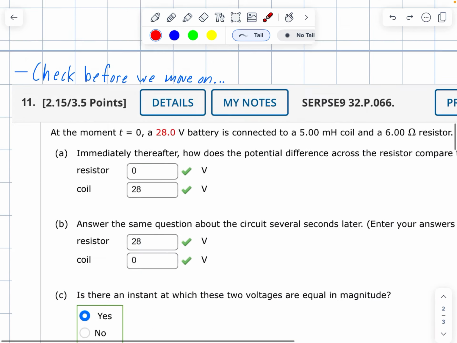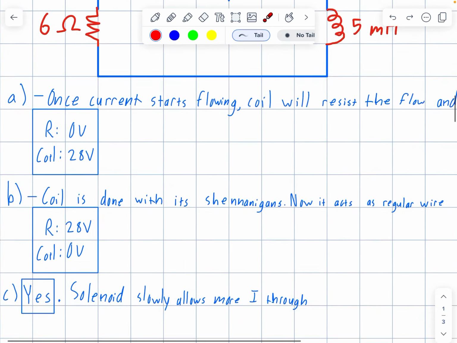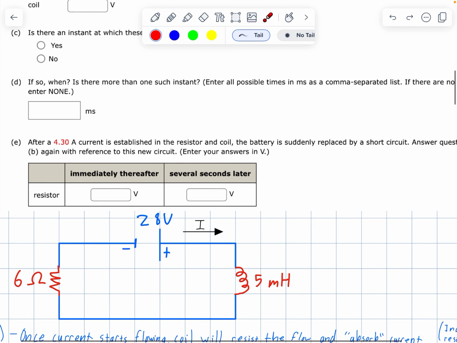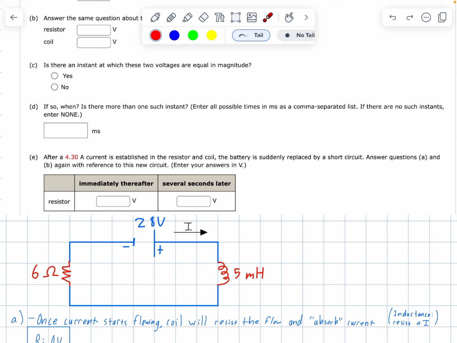So that's all good there. And then part E asks, after a 4.3 amp current is established in the resistor and coil, and so in the circuit, because you know, everything's in series, the battery is suddenly replaced by a short circuit. Answer question A and B of that.